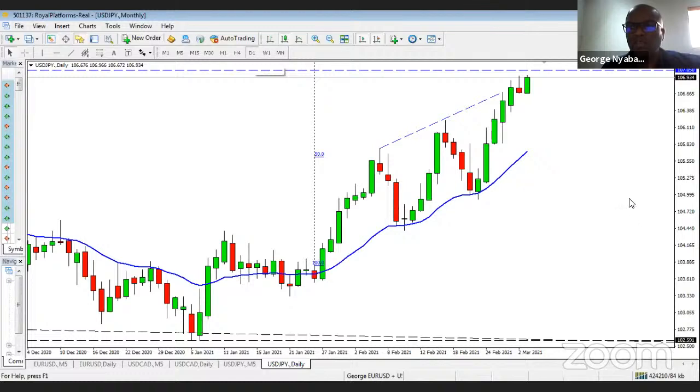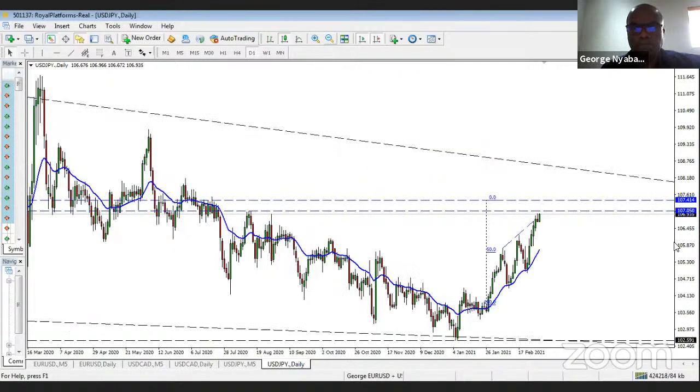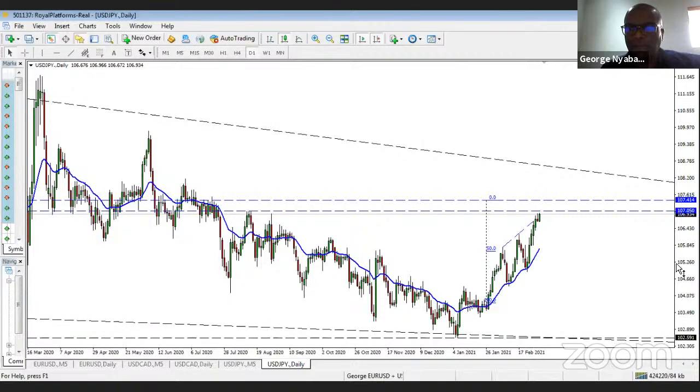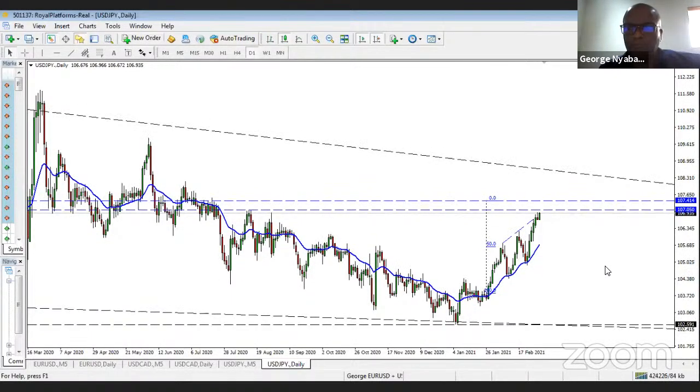we just come down to our daily time frame. Now, the reason I've drawn the 107.4 level on the daily time frame is because of a potential measured move of the breakout point.